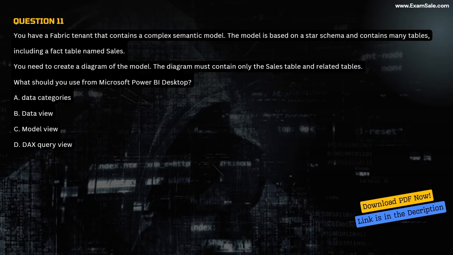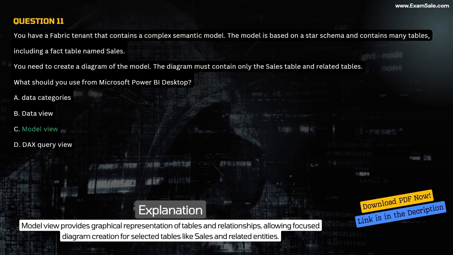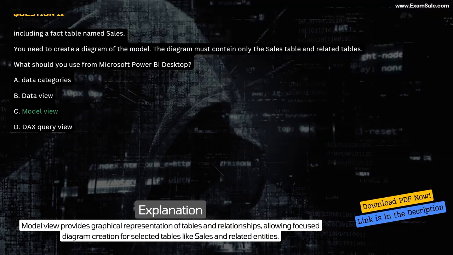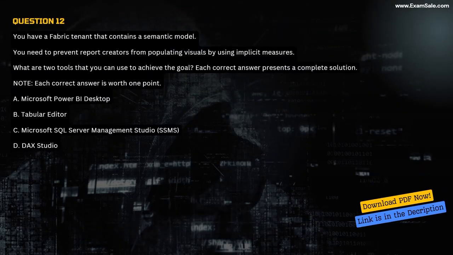C. Model view. D. DAX query view. Correct answer C. Model view. Explanation. Model view provides a graphical representation of tables and relationships, allowing focused diagram creation for selected tables like sales and related entities.